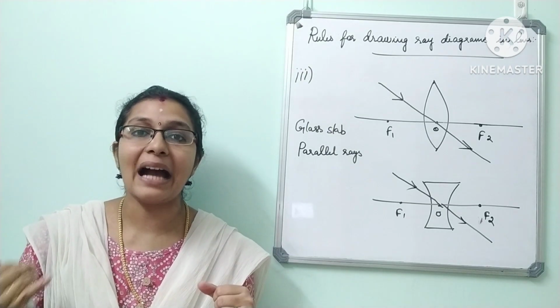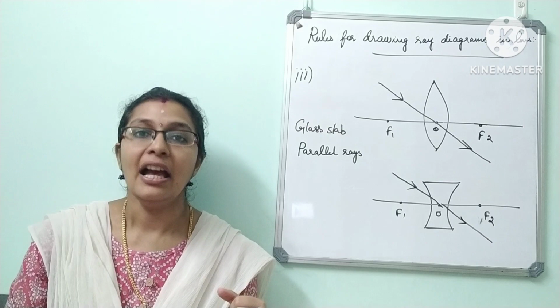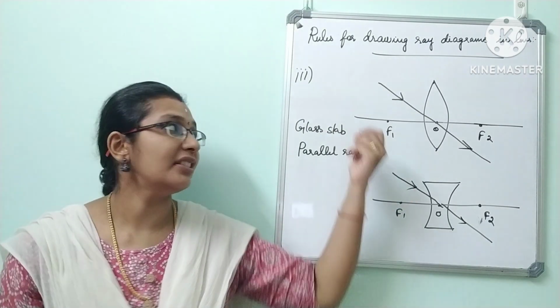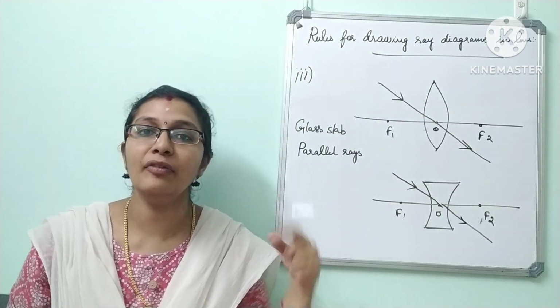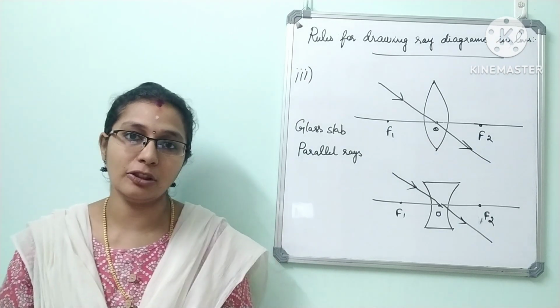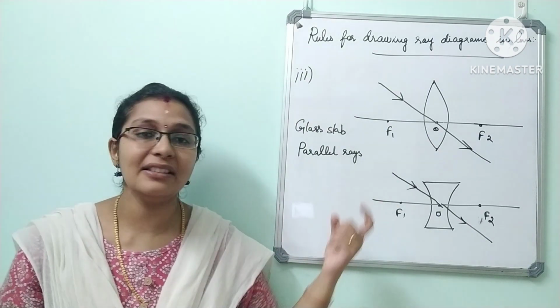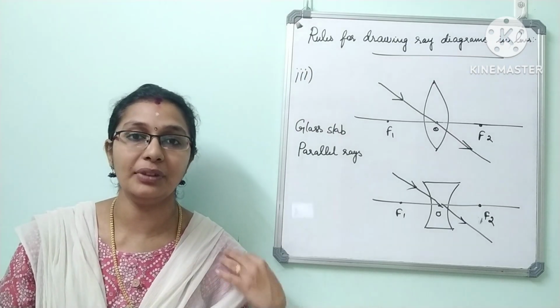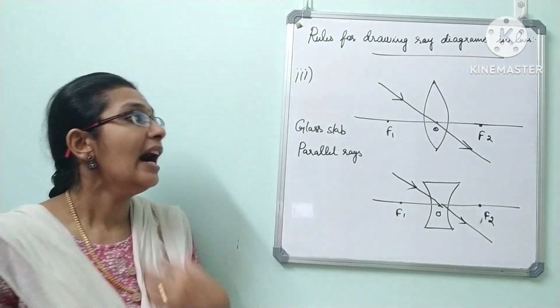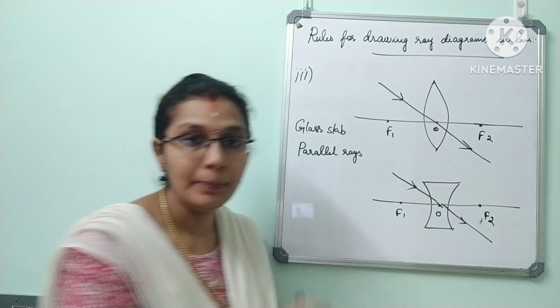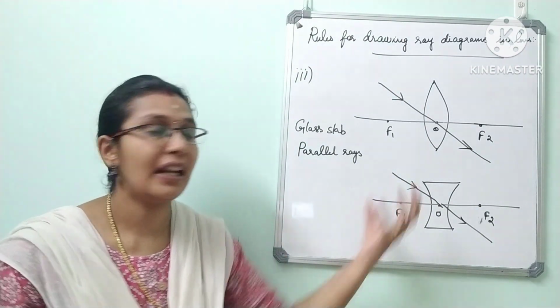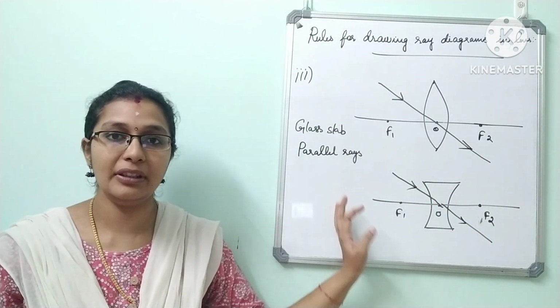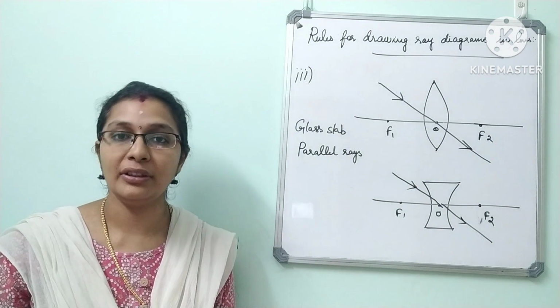Because we get parallel rays, right? And they are equal and opposite. The same kind is obtained when the light ray passes through the optic center. So that is the reason why it goes undeviated, or it goes without any deviation. So a ray of light passing through the optic center after refraction goes undeviated. So it is the same for both the lenses.